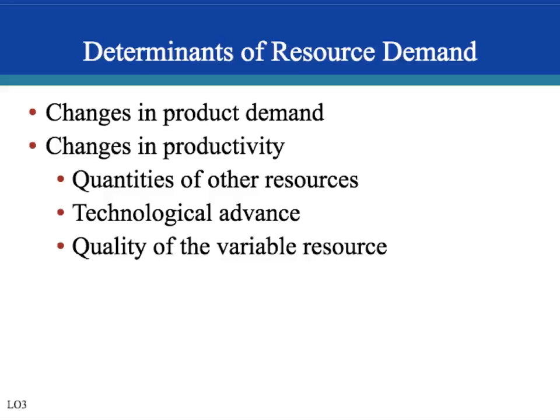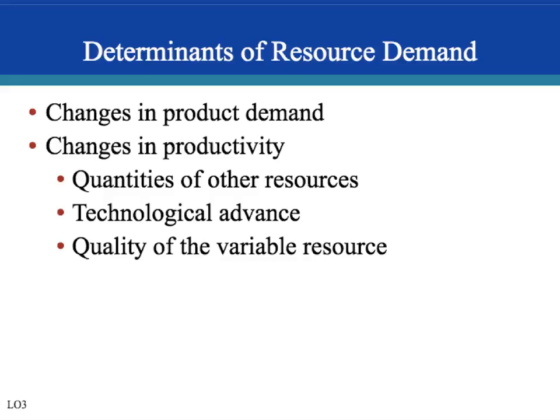So then the resource demand curve would shift to the right. And if there's a decrease in the demand for cakes, then the resource demand curve would shift to the left.